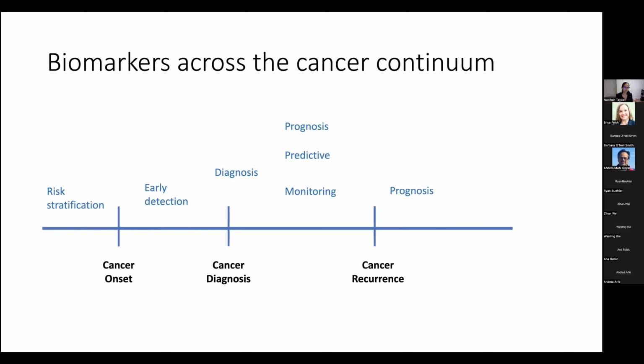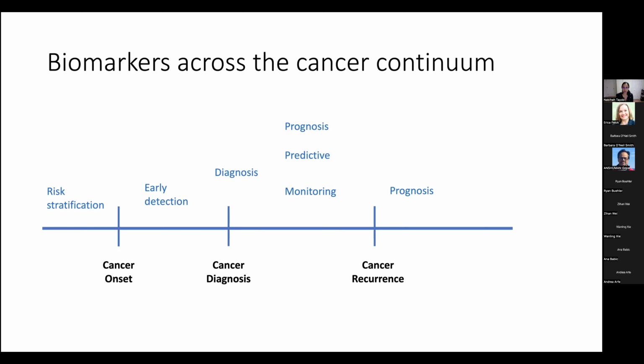Are there other things we can measure in a patient to detect the cancer earlier? We can also have biomarkers for diagnosis. Maybe you want to avoid having to do biopsies, and are there biomarkers that can avoid biopsies in some patients? Once you have a cancer diagnosis, then we have biomarkers for prognosis.